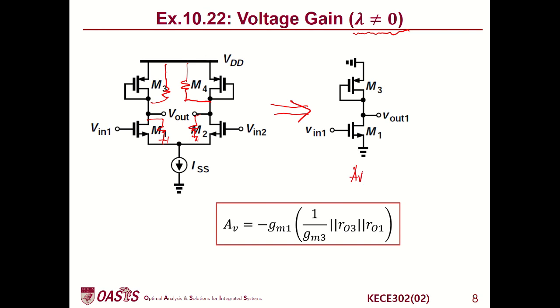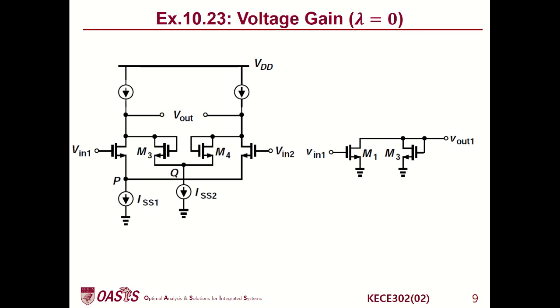The voltage gain is minus, the denominator, the output impedance from this way and that way, is 1 over GM3 in parallel with RO1 in parallel with RO3, divided by the resistance from the AC ground to the inputs, which is 1 over GM1.